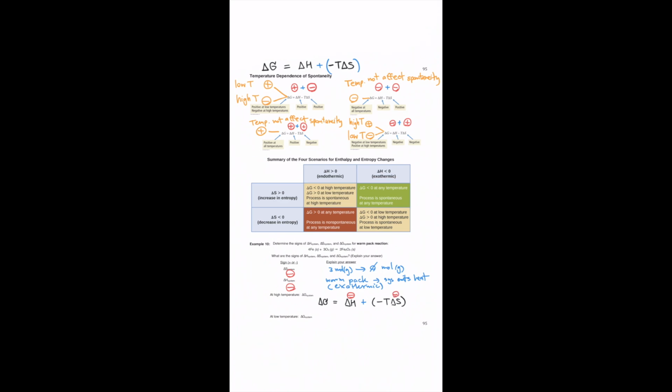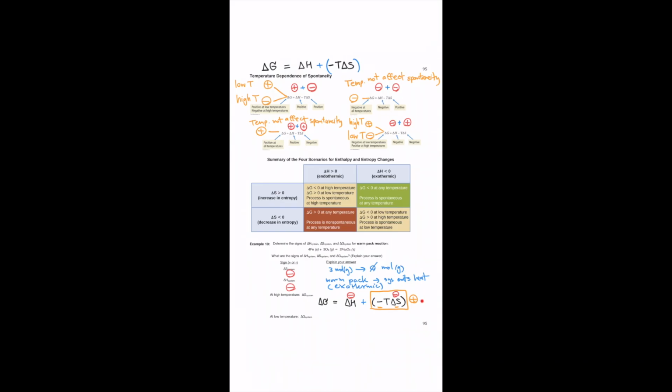Therefore, if you're looking at the term T delta S, you are going to have a negative multiplied by negative. This term would be a positive value. Therefore, you are having negative added to a positive value.